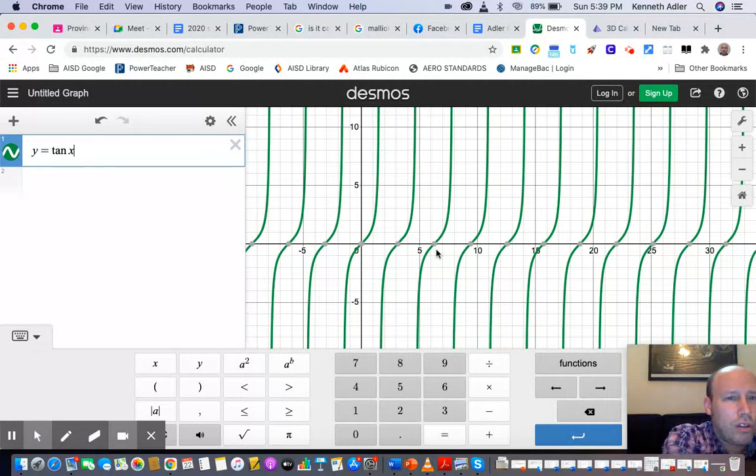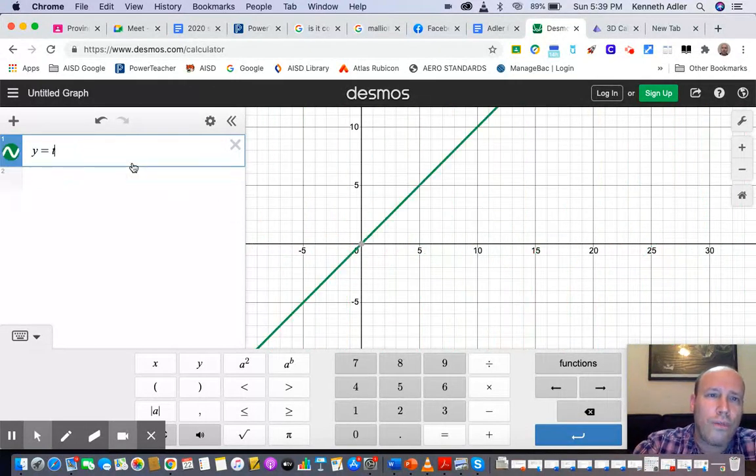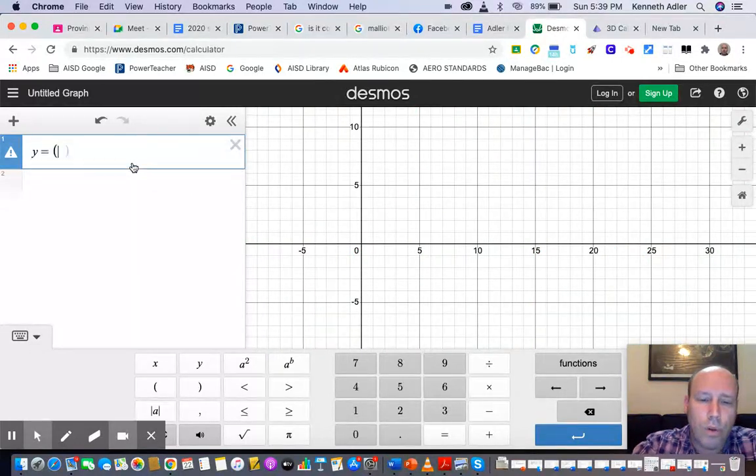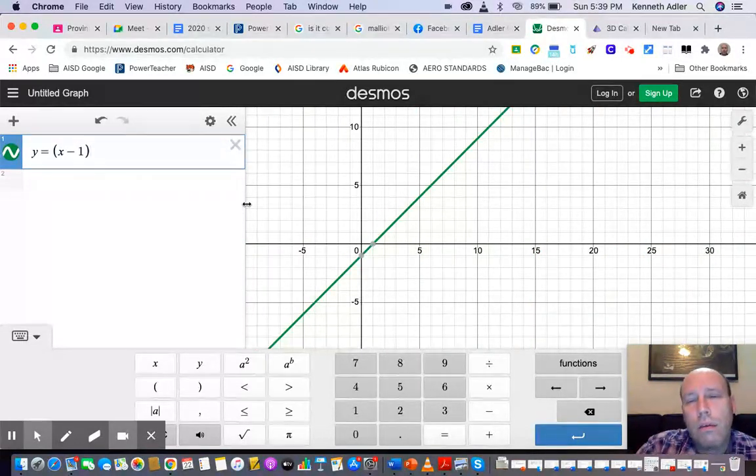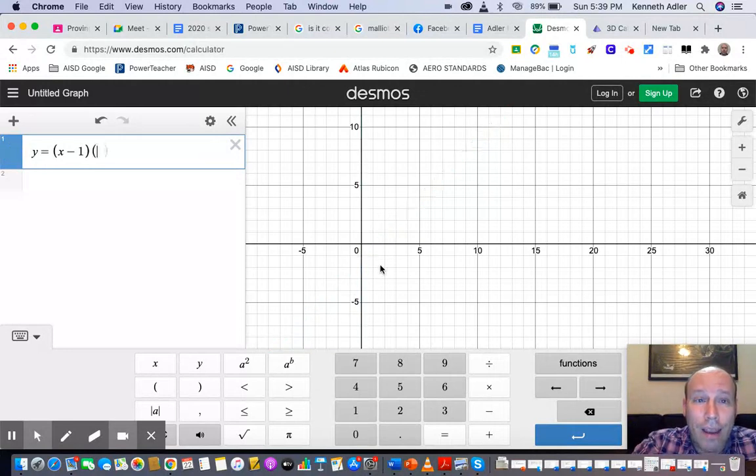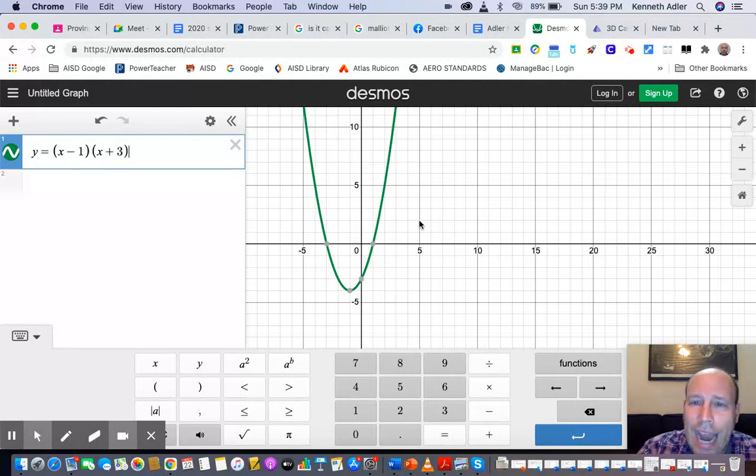Let's take a look at the range values. So let's go back to the original function, like y equals x minus 1. And we saw here that with x minus 1, we can get to every single y value. Now let's take a look at the quadratic, like x squared plus 3. You say, wait a minute, I can't get every y value because there's a minimum there.